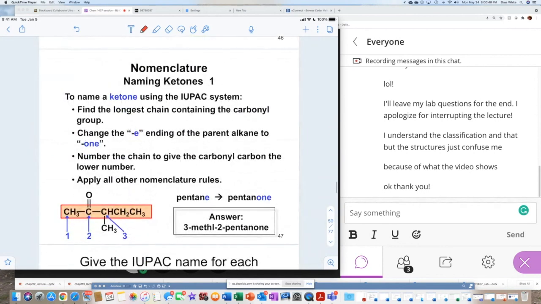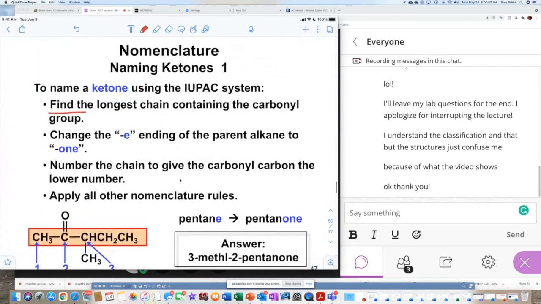When you're naming ketones, just like with the aldehydes, you want to find the longest chain containing the carbonyl group. Name it like you would an alkane, and then change the E and add one. We can't have a ketone with one carbon. The smallest ketone has 3 carbons, because you need to have a carbon on either side of the carbonyl.